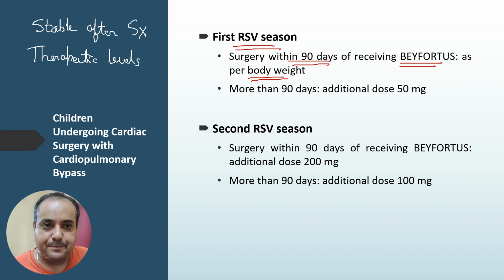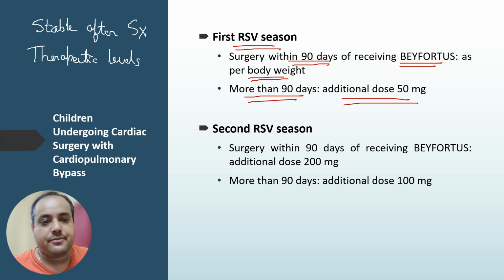Okay. But if the surgery is being conducted after 90 days, for those children we need an additional dose of 50 mg. This is irrespective of the body weight. So whatever the dose was, additional 50 mg to that irrespective of the body weight.